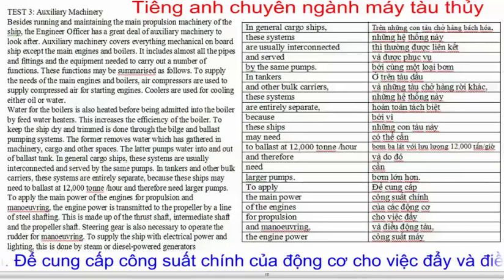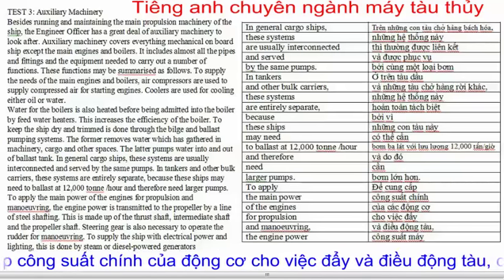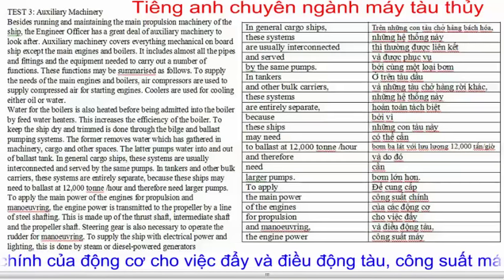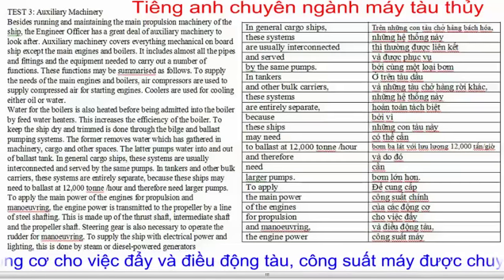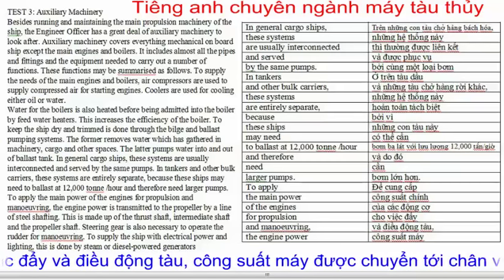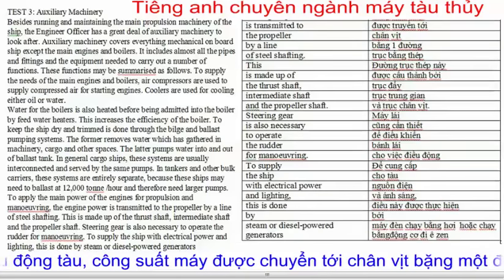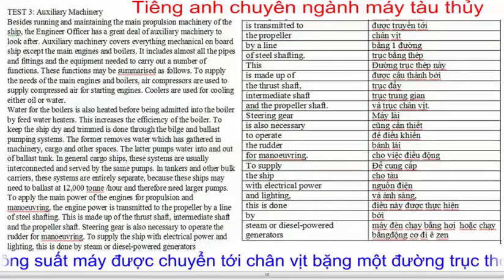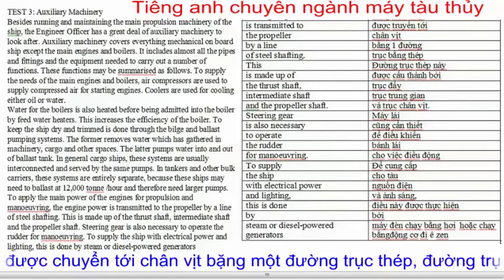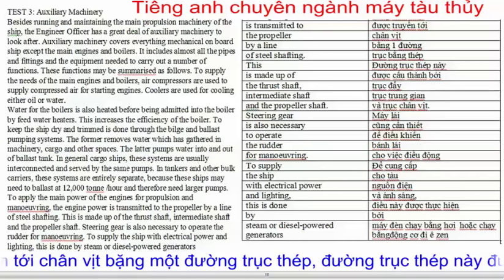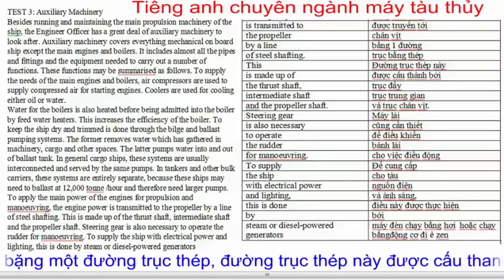To apply the main power of the engines for propulsion and maneuvering, the engine power is transmitted to the propeller by a line of steel shafting.